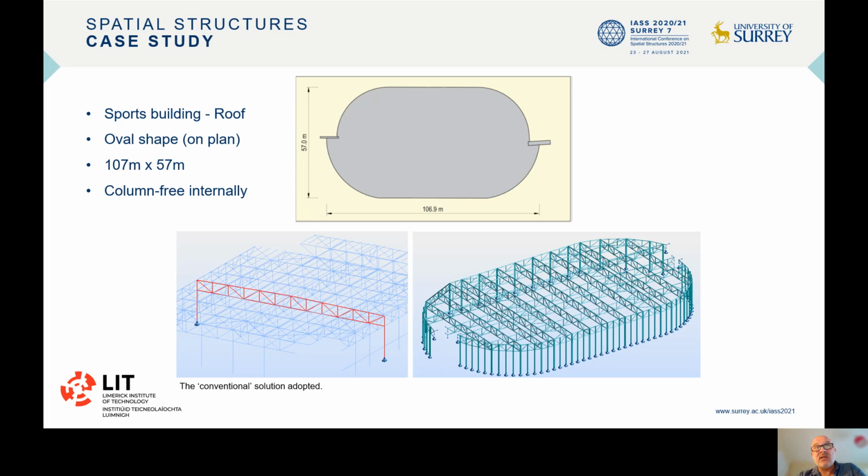On the actual project, a conventional solution was adopted for the long span roof in the form of a post and truss system, as shown in the two lower illustrations on the slide.